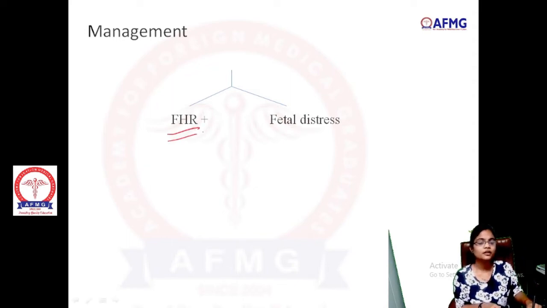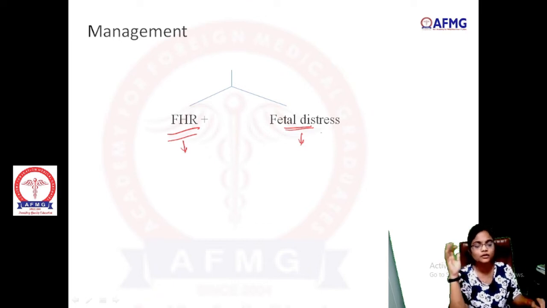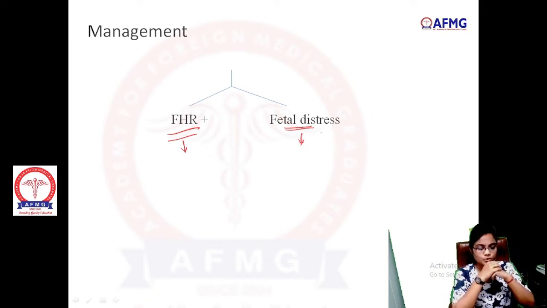For example, if you feel that the patient's fetal heart rate is present, then how would you manage the patient? Or if fetal distress is there, meaning you are not feeling the fetal heart rate, or you are not feeling the fetal movements properly, then what would be your management? That is what they are asking.